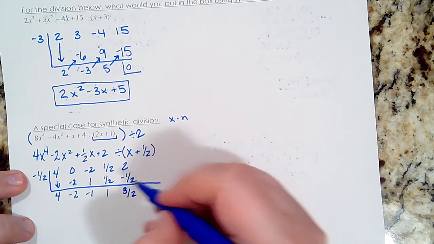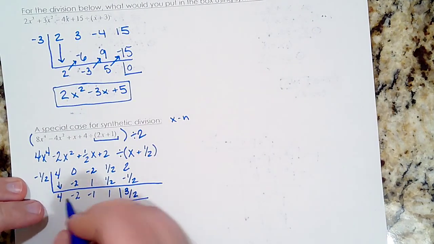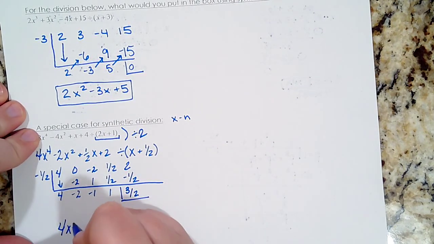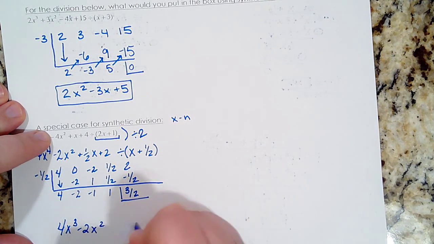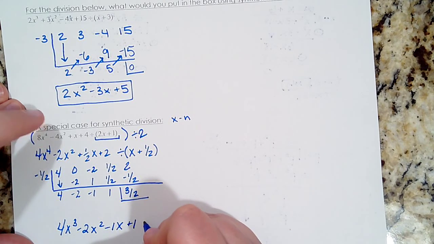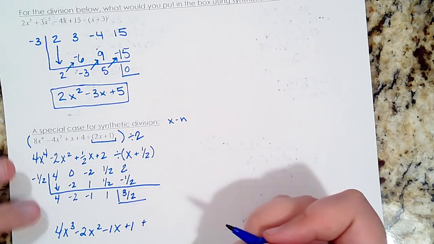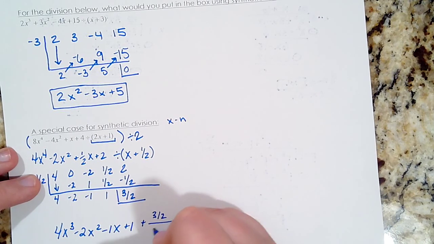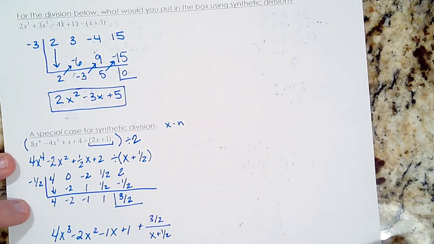I know that I started out with one number, so I section one off to be my remainder, and then I finish my problem. I started out with an x to the 4th, so I end with an x to the 3rd. Minus 2x squared minus 1x plus 1, and then it will be plus, this one's a little tricky because it's 3/2 over x plus 1/2, which looks a little weird.